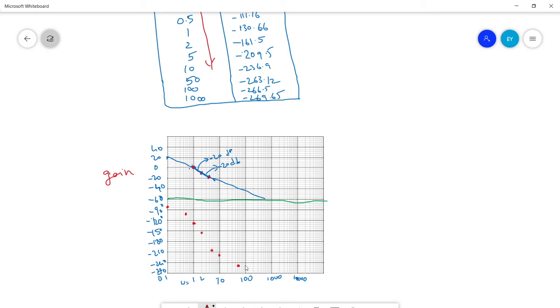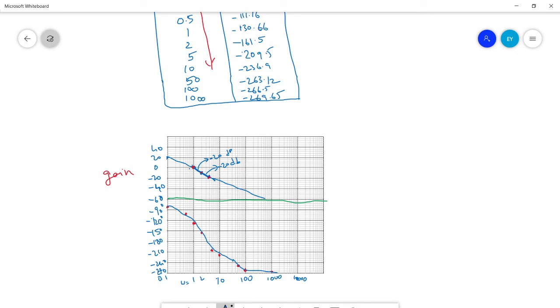At 100, 266.5, it will be here. At 1000, 269, somewhere here. So just join all the points. Okay, this is how the phase plot looks.